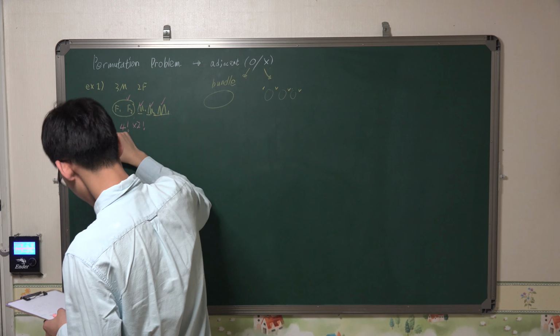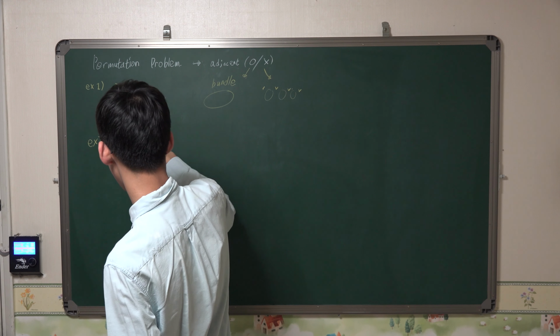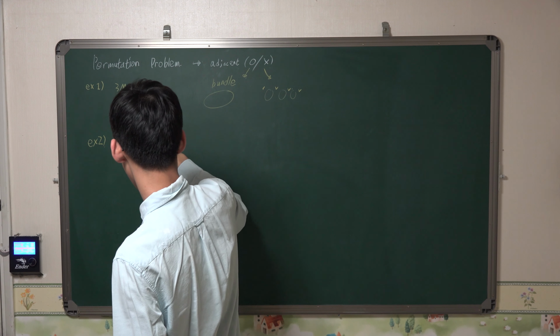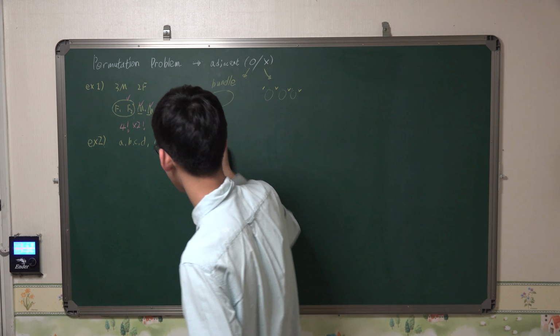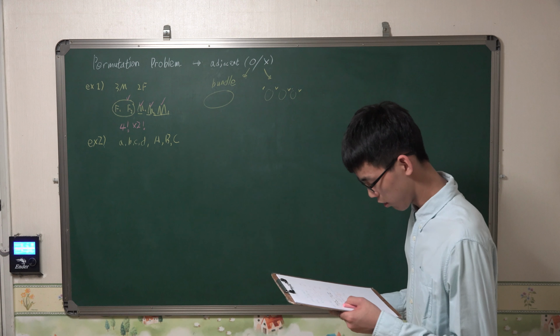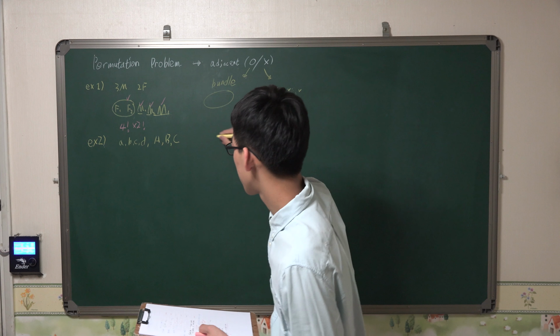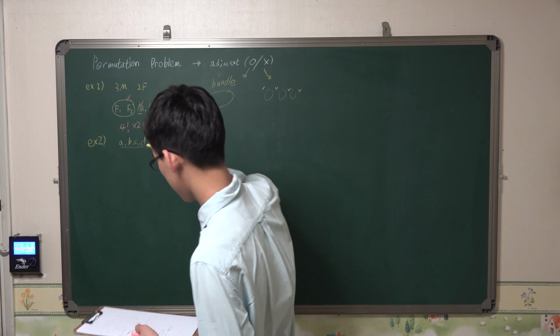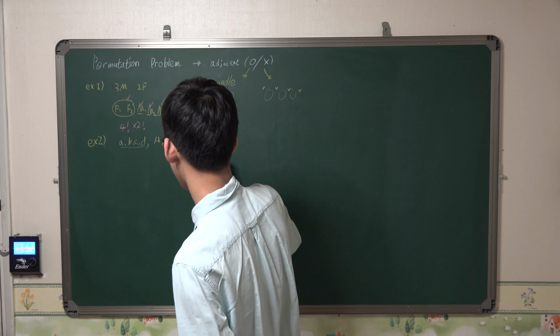Example 2: there are small letters a, b, c, d, and capital A, B, C. Here it says that small letters must be left of capital.